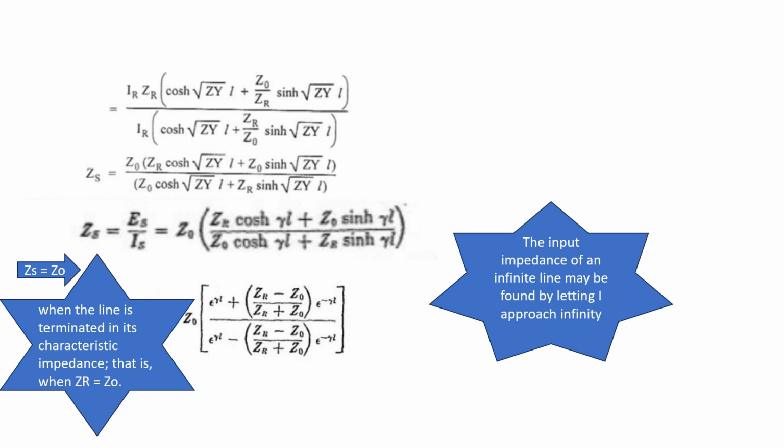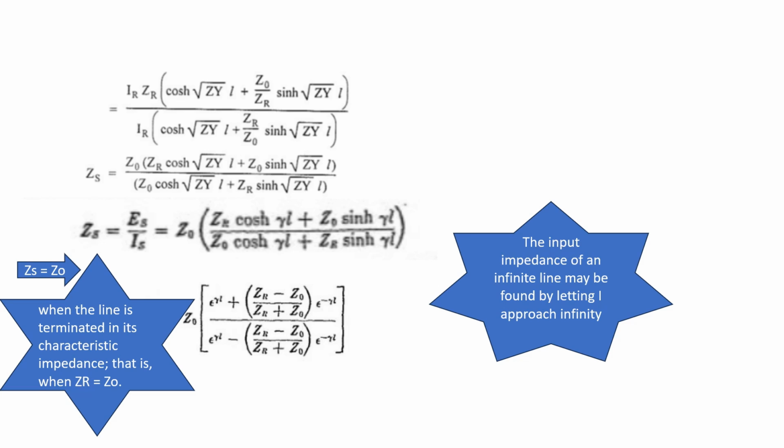So this equation becomes 1 plus (Zr minus Z0) by (Zr plus Z0) into e power minus gamma L divided by e power minus gamma L, that becomes e power minus 2 gamma L. Similarly, in the denominator, when we take e power gamma L outside the bracket, it becomes 1 minus (Zr minus Z0) by (Zr plus Z0) into e power minus 2 gamma L. Since if we apply L equal to infinity, e power infinity becomes infinity and e power minus infinity is equal to 0.